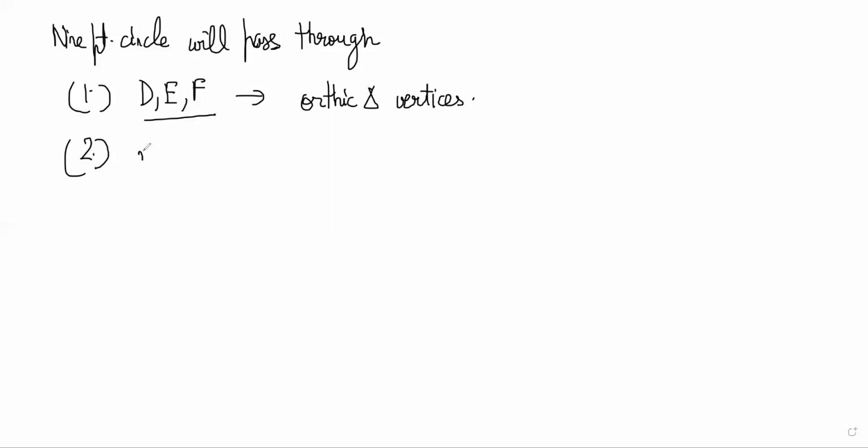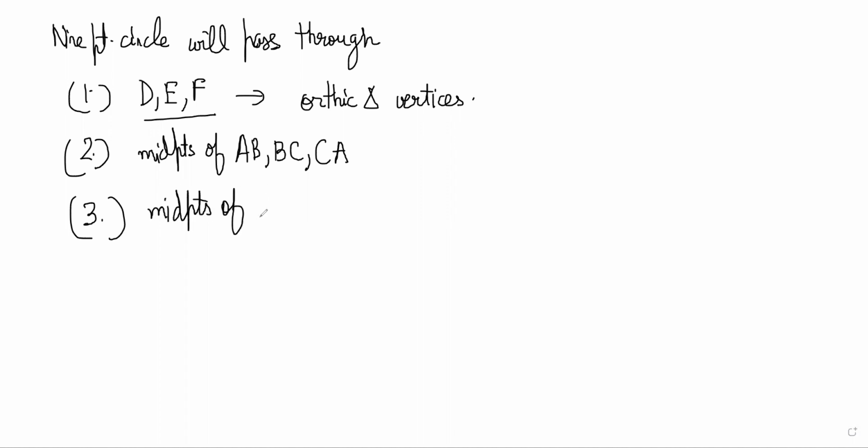DEF are 3 points, midpoints of AB, BC, CA are the other 3 points, and also it passes through midpoints of AH, HB, and HC.